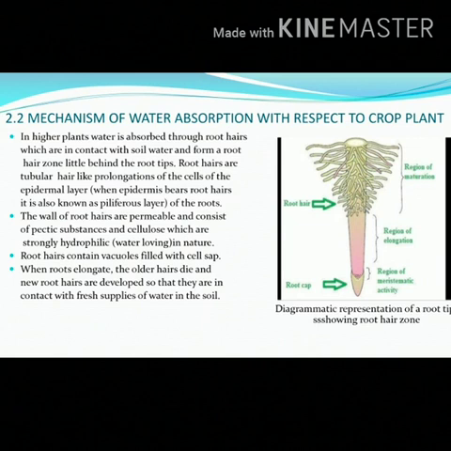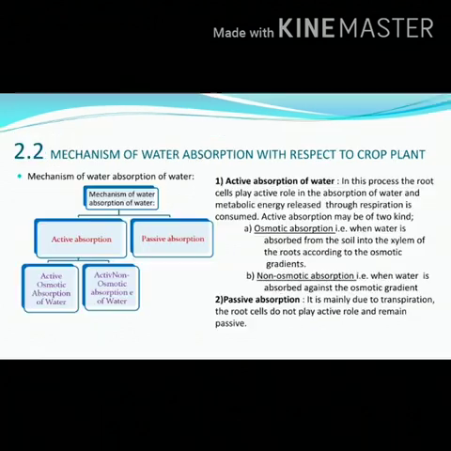In other words, this elongation region is responsible for elongation or development of the root and formation of a new root hair zone, which is responsible for penetration of the root deep into the soil and absorption of water from the soil.